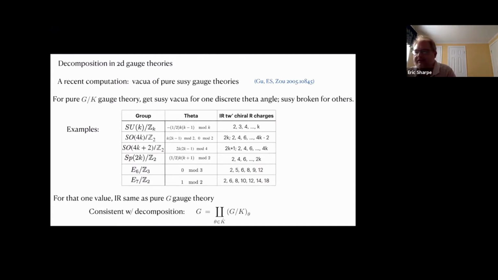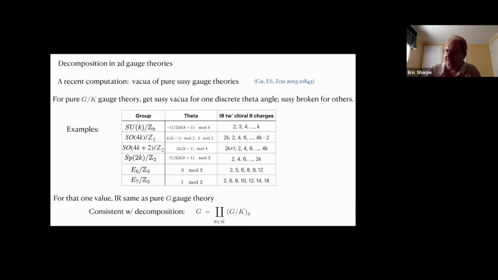So this is consistent with decomposition. Decomposition in this case just says that basically the G gauge theory should be equivalent to a disjoint union over G mod K gauge theories. And basically what I'm saying is that the sum of the supersymmetric vacua on the right-hand side matches the supersymmetric vacua on the left. I should also add decomposition is just a structural result in this case.